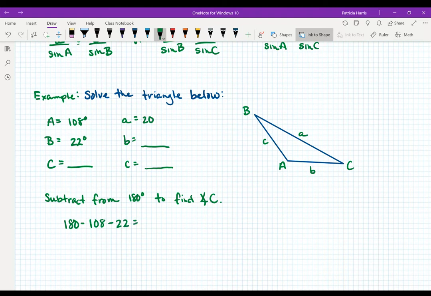So we get out our calculator, which should be in degree mode, and we get 50.